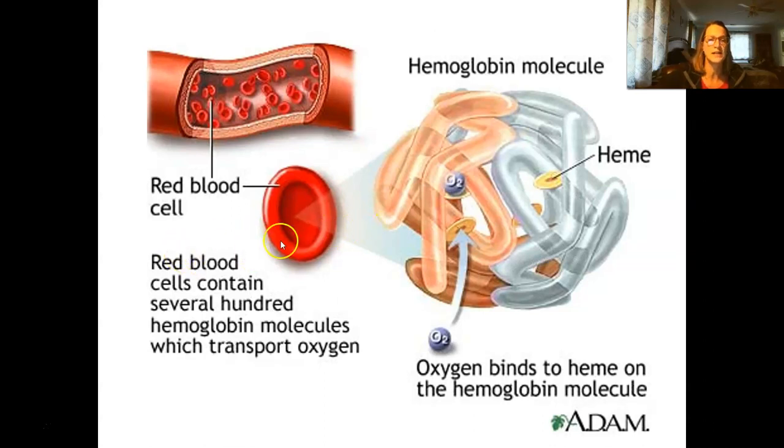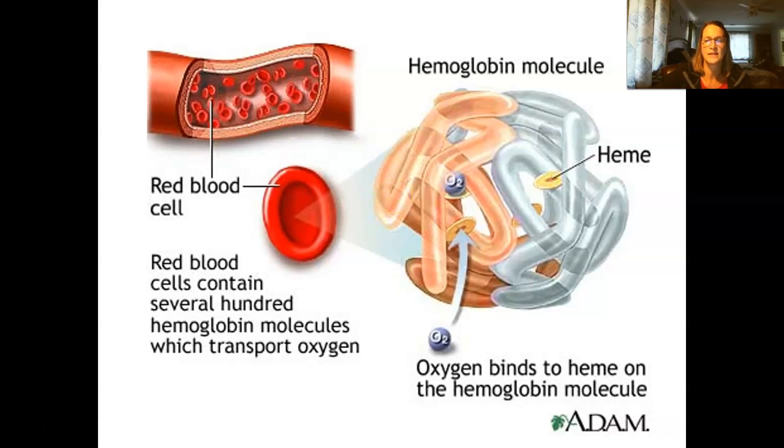Okay, if you were to look at a single red blood cell, here's that biconcave structure. Red blood cells contain a whole bunch, several hundred, hemoglobin molecules. And hemoglobin molecules are the molecules that actually help them transport oxygen.